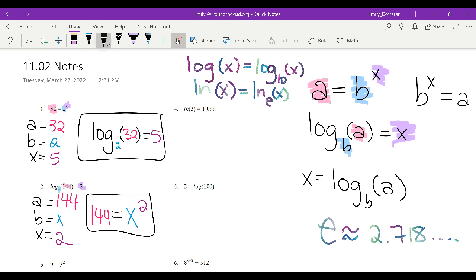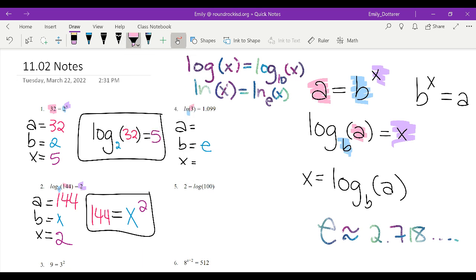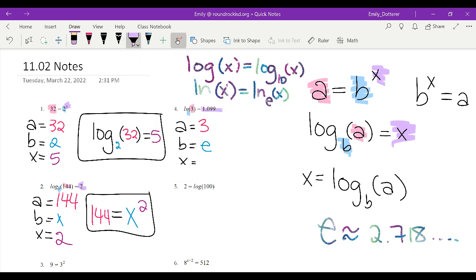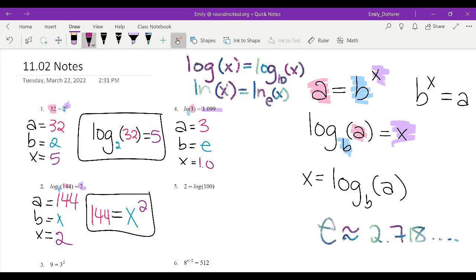So in number 4 here, we can see that there's no base given right there, which means that our base is e. A is inside of the parentheses, and x is what the log is set equal to, which in this case is 1.09.